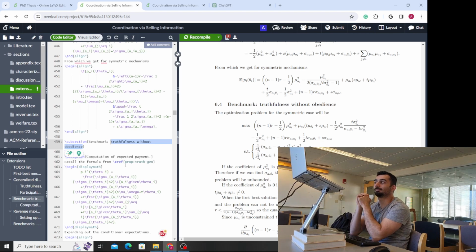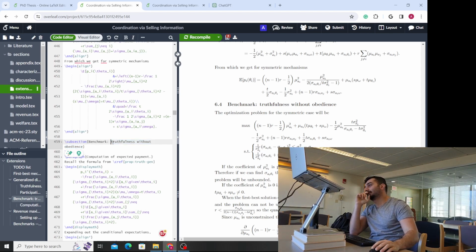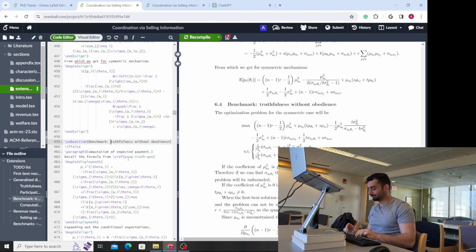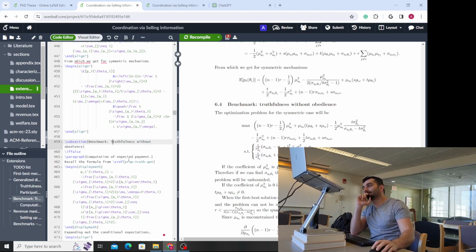Well, the name of the benchmark should stay the same. Maximum penalty is just for the outside option. Anyhow. Oh, what is the line number? I can find it this way.